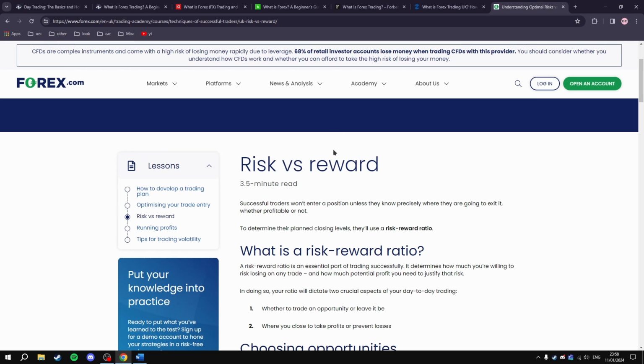Risk versus reward. Successful traders won't enter a position unless they know precisely where they're going to exit it, whether profitable or not.